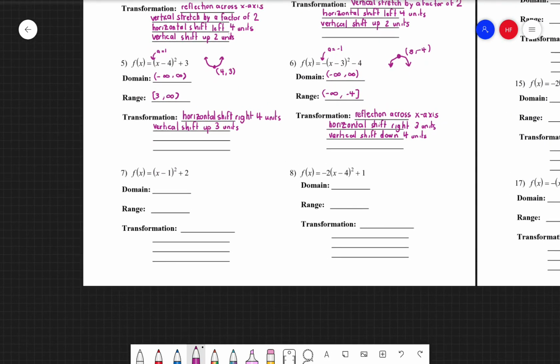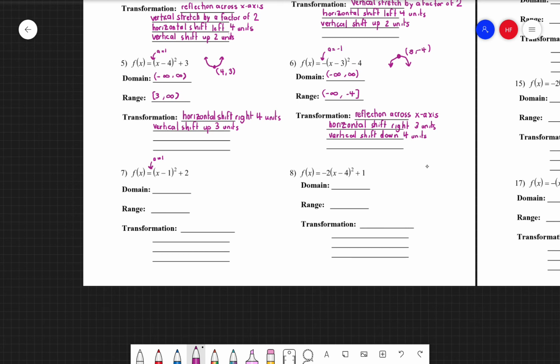Number 7, f of x equals (x minus 1) squared plus 2. I don't see an a, so that means a is 1. If a is 1, that's not a change. And then we have minus 1 and plus 2 as my two changes. So I have two transformations.